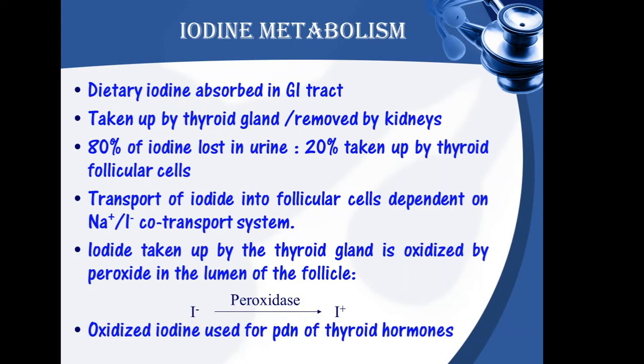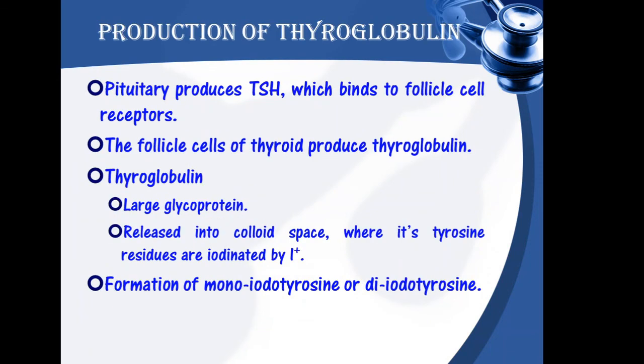The transport of iodide into follicular cells depends on the sodium iodide co-transport system. It's a co-transport system, so both are transported into the cells. Iodide is taken up by the thyroid gland and is oxidized by peroxide in the lumen of the follicles. Oxidized iodine is used for the production of thyroid hormones.